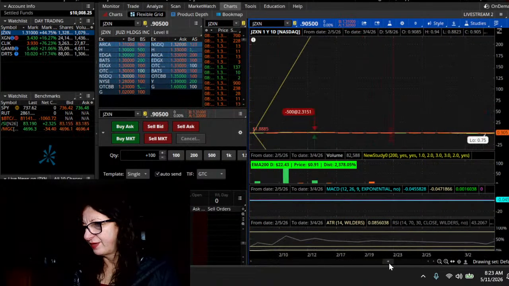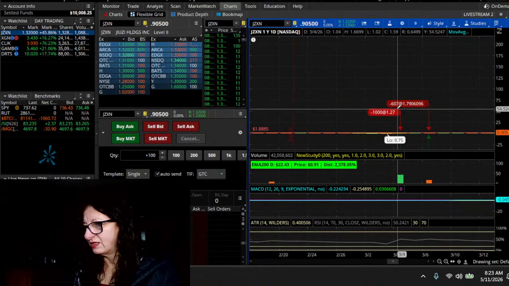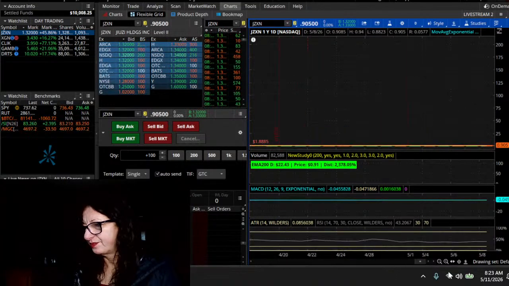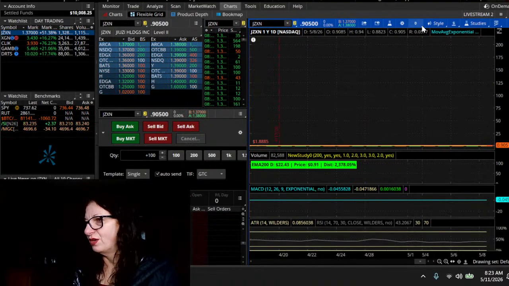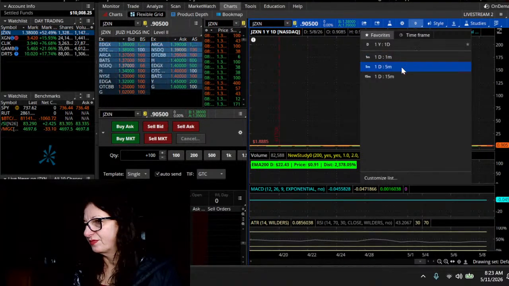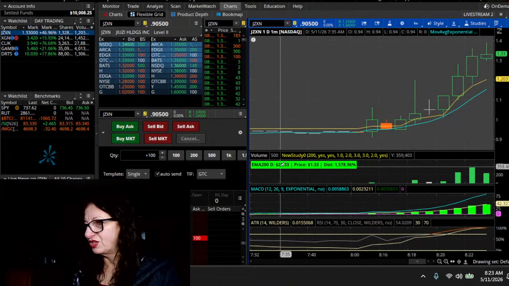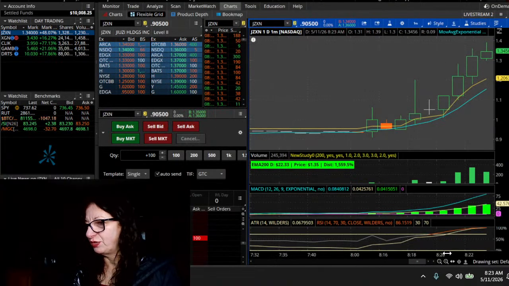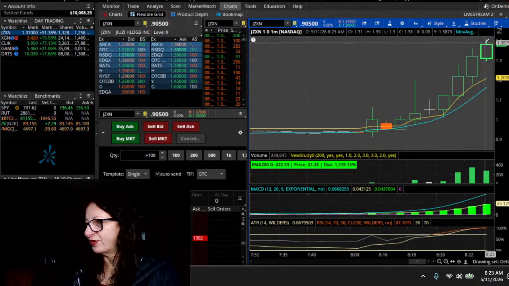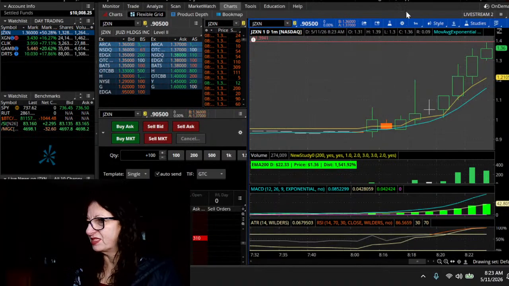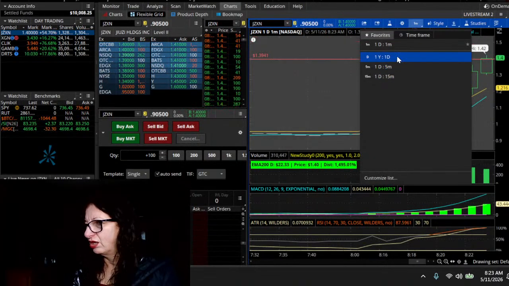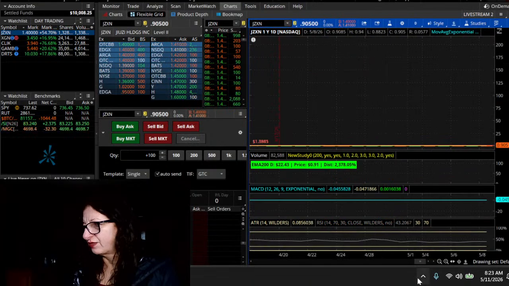I traded it in February and March. So, oh, look at this. The 200 EMA is way up at 22.33. So let me look at the daily chart again. First, let's look at this, it's running up. This is a potential stock for me to look at.